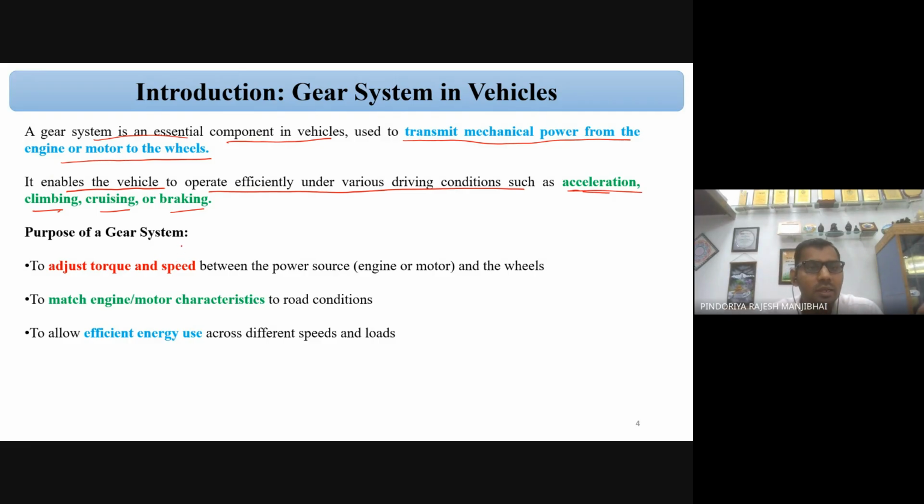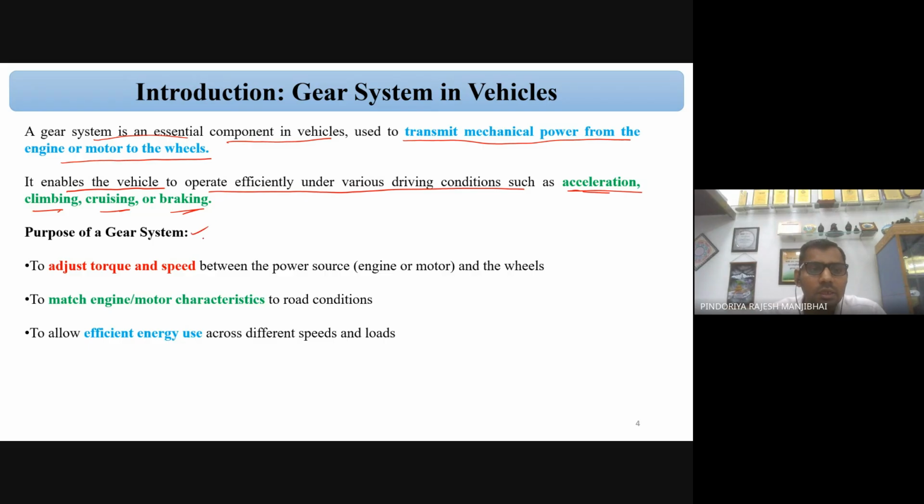Like Nepal, which is a totally hilly area, so we have to climb down, climb up. Cruising condition means suppose you are driving on the highway at the same speed, maybe 80 kilometers per hour, at constant speed, then we say cruising, and then braking operation. So in these four modes we can drive our vehicle, and at that time the gear system is required.